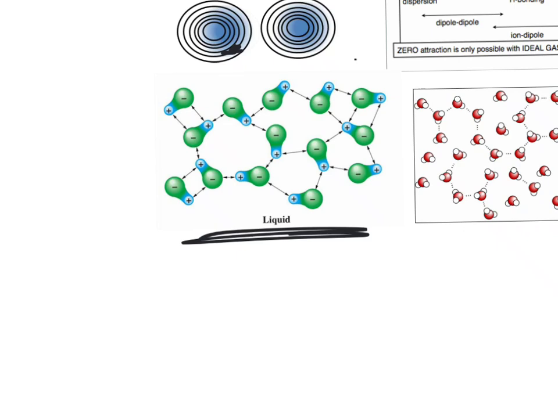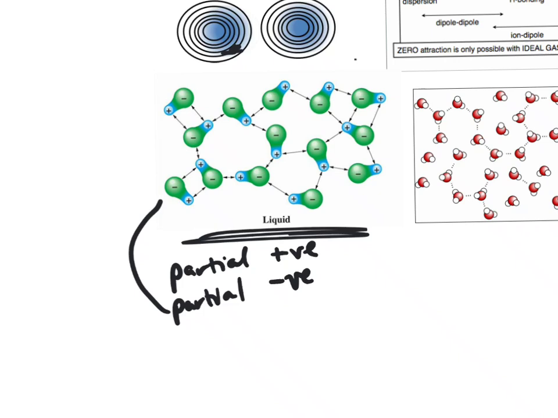And so what we're showing here with the pluses and minuses, these are partial positive and partial negative. Negative is the green, positive is the blue. And look at what the arrows between the molecules are doing.